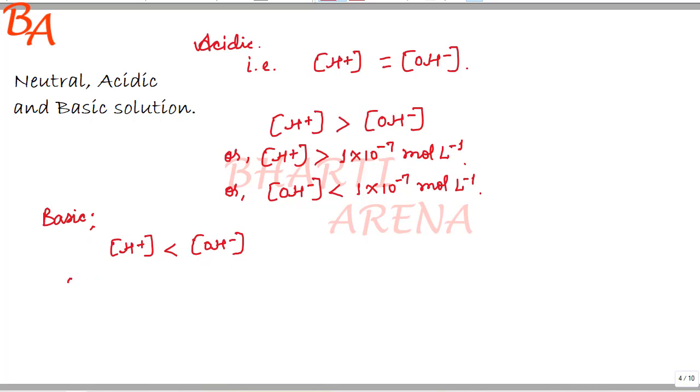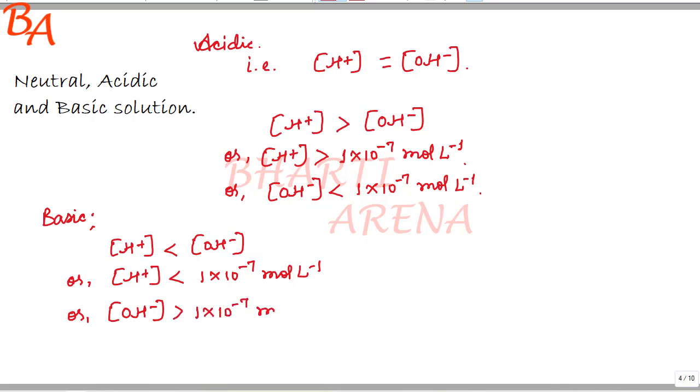Or concentration of hydrogen ion is less than 1 into 10 to the power minus 7 mole per liter, or concentration of hydroxyl ion is greater than 1 into 10 to the power minus 7 mole per liter.